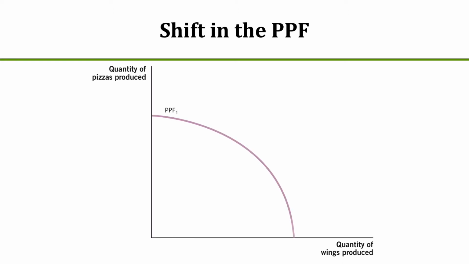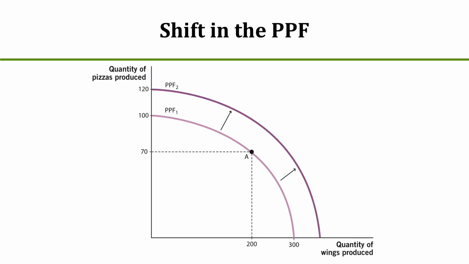Right now, let's see the other kind of shift. In this case, let's assume that the technology is increasing, but that increase is going to affect the production of both goods, the production of pizza and the production of wings. If this is the case, our regular PPF is going to shift in both ways, in two ways.